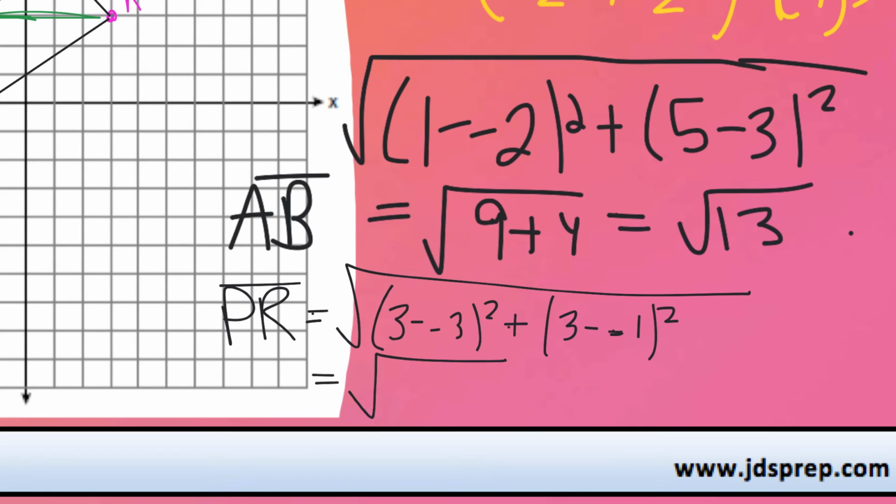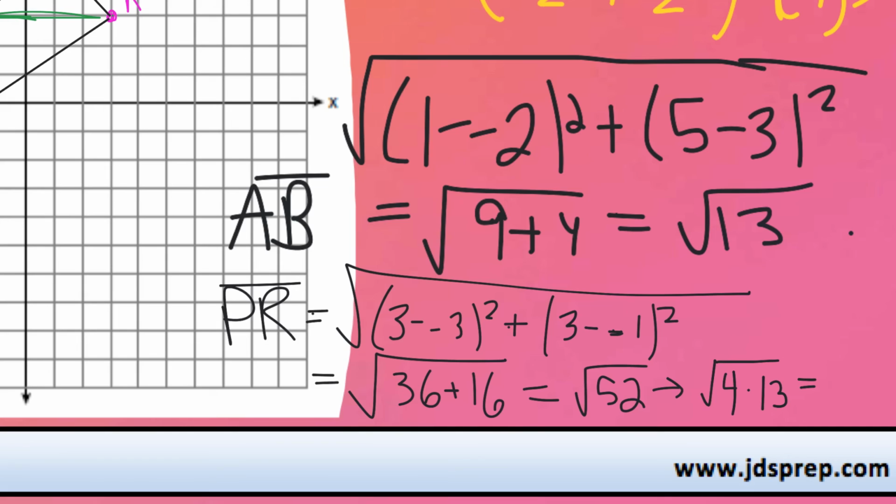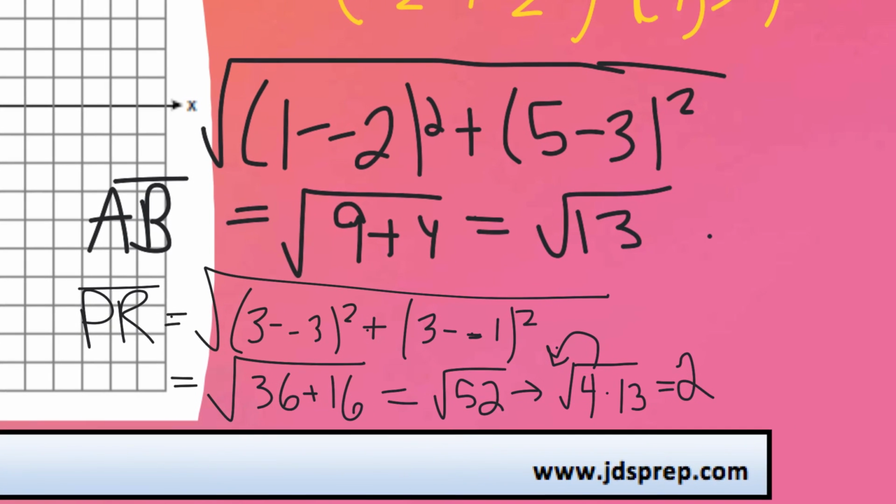And that's going to become 6 squared, so 36, plus 4 squared, 16. That becomes root 52. Now, 4 is a perfect square that we can take out of this radical, right? What I mean by that is 52 is the same thing as 4 times 13. And the square root of 4 is 2, so we pull that out of the radical, and it becomes 2 root 13.